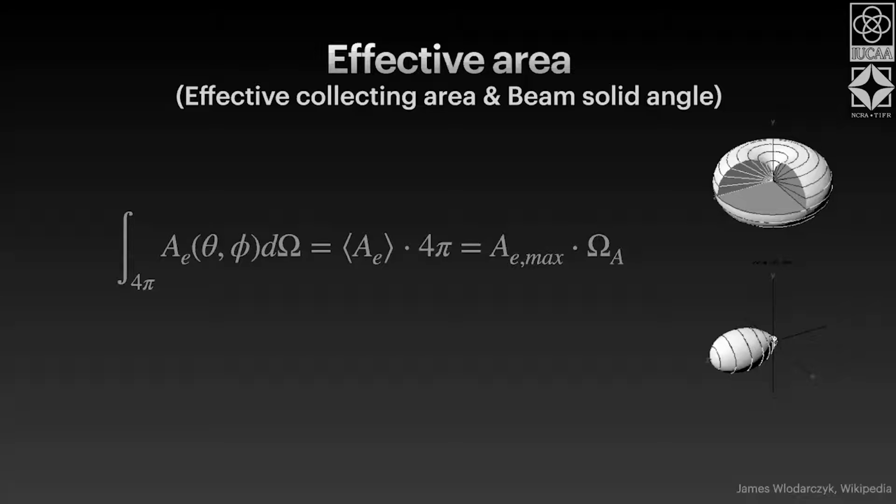We can also define the maximum effective area, and if we divide that by the average times 4 pi, you'll get something called the beam solid angle. That's another quantity that characterizes a telescope, where it gives an idea of how well the effective area is localized.